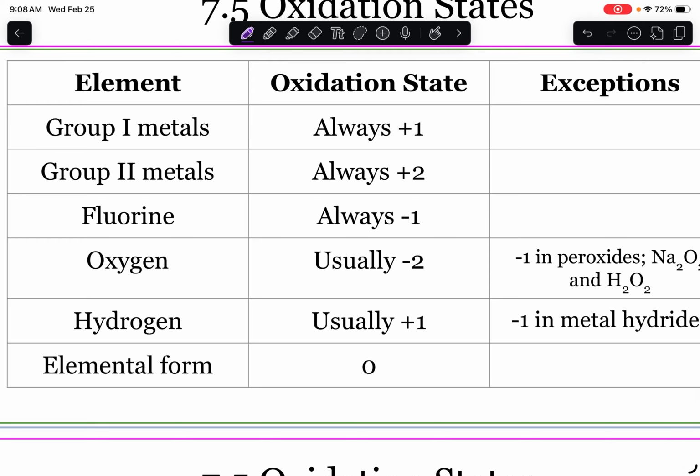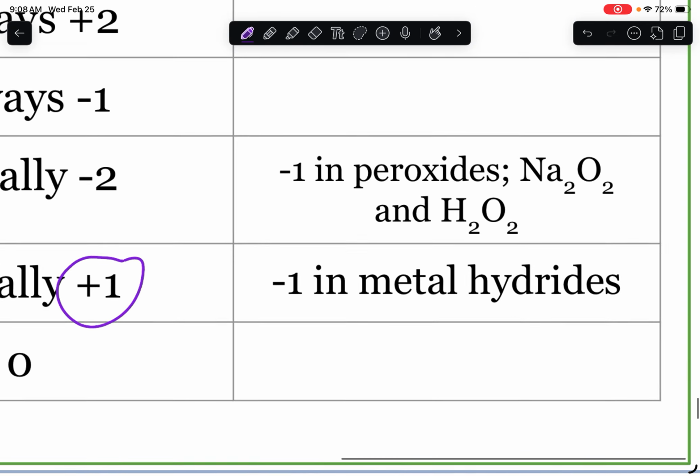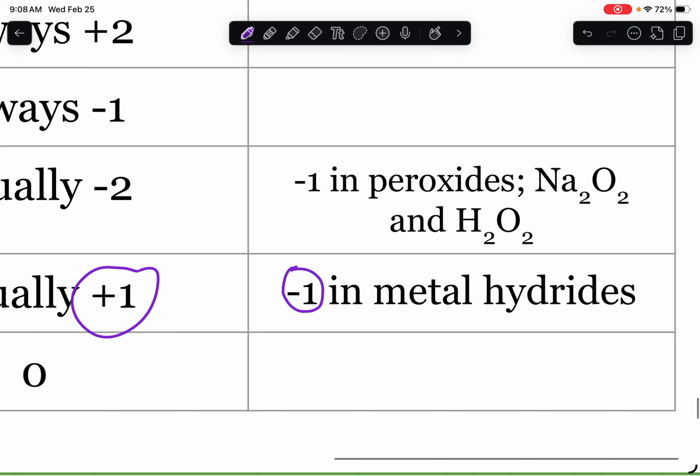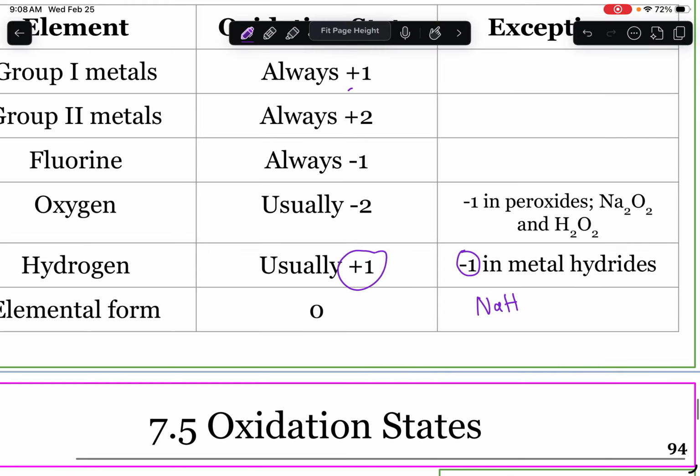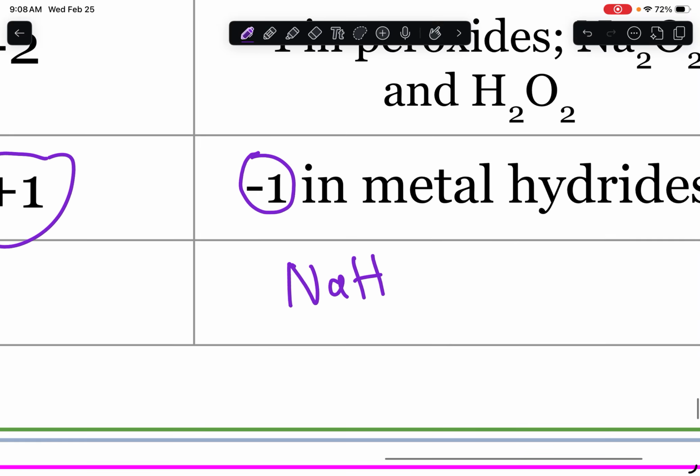Hydrogen is almost always +1. This is the oxidation state that matches its charge, but hydrogen can be -1 in a metal hydride. That just means a compound with a metal and hydrogen. So for example, sodium hydride. Sodium is a group 1 metal, so it always is +1, and then in this situation, hydrogen would be -1.